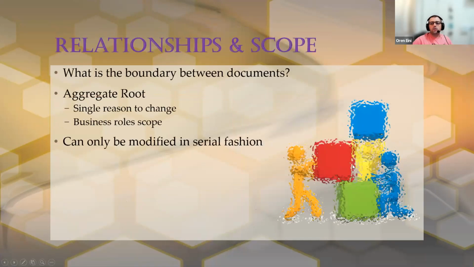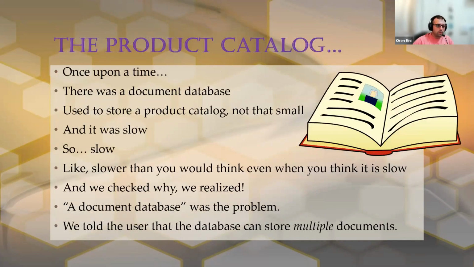Let's go back here to the notion of the product catalog. I have, let's say, 15,000 items in my catalog, and they're divided into categories, or by some property that they have. How do I break it down?